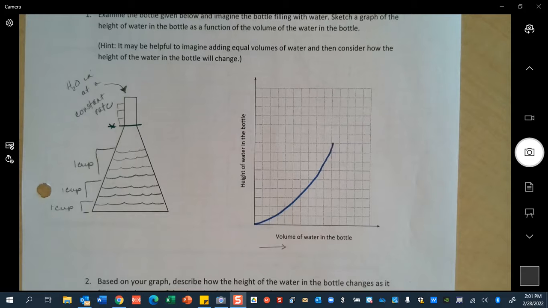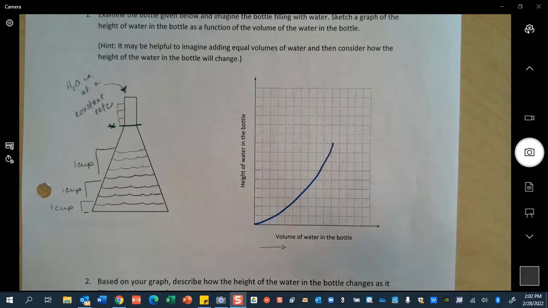The height of my bottle is getting taller for sure, but it's increasing at an increasing rate because my height keeps getting taller and taller and taller as that water's coming in. Does that make sense to you?